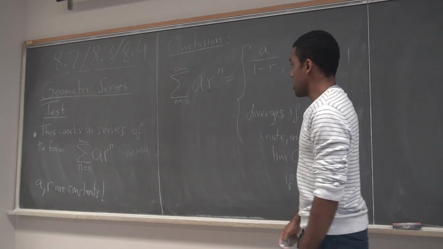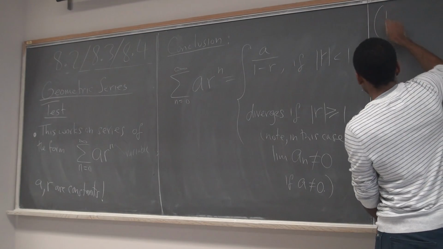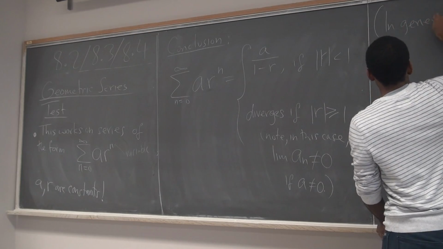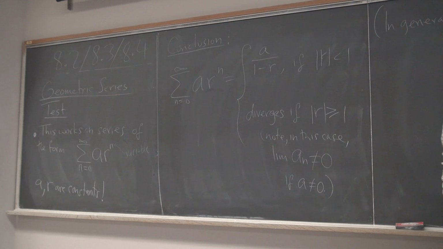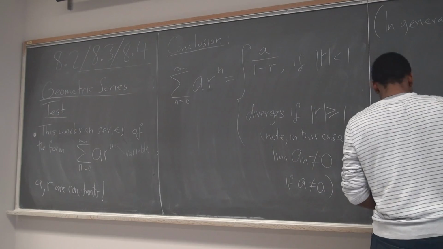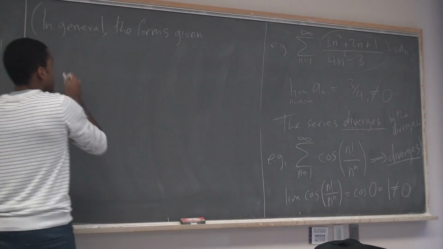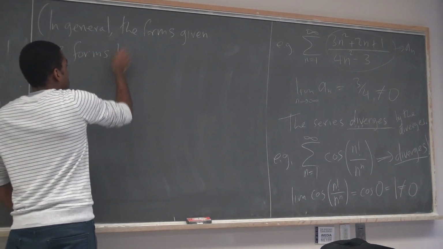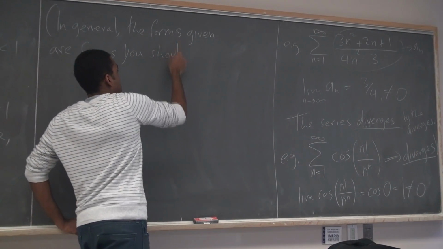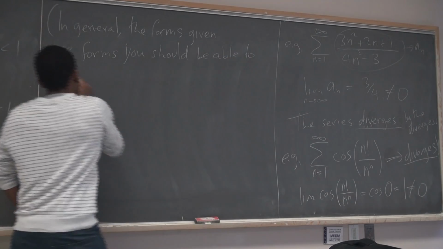And this general form, let me make a general statement. In general, the forms given here and in the rest of the tests are forms you should be able to simplify to.